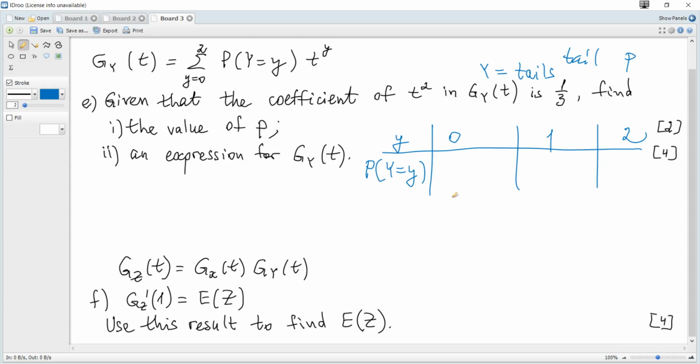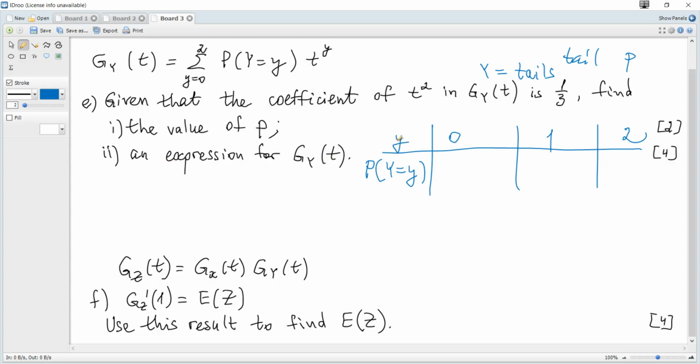To be more clear, let's make a table for y, where y is the number of tails, and it may be 0, 1 and 2. The probability distribution of y can be represented by the polynomial function gy, where gy of t is equal to this. Question E, given that the coefficient of t squared in gy of t is 1/3, find the value of p and an expression for gy of t.